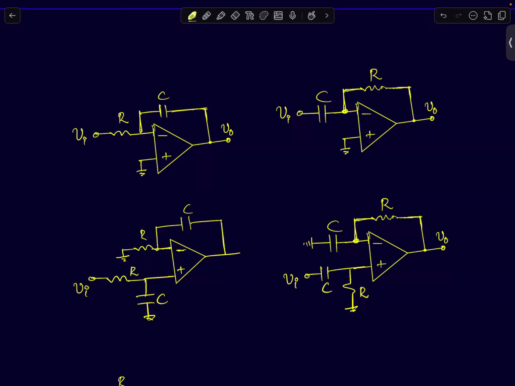We will look at some different ways of realizing the ideal integrators and differentiators. And the more important thing, which is very useful, is to understand how the integrators and differentiators behave when we apply step inputs and pulse signals.